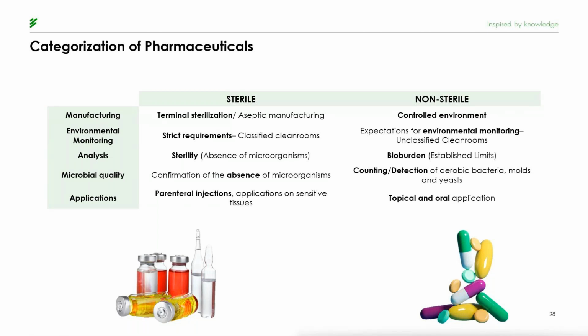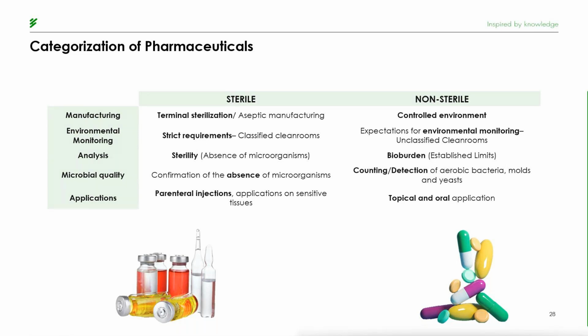The microbiological analysis is carried out by testing the sterility of the product, and there must be an absence of microorganisms. In non-sterile cases, the total microorganism count and detection of some specific pathogens are performed. Sterile products are, for example, parenteral injections, products for sensitive issues, and the rest of them would be non-sterile products.